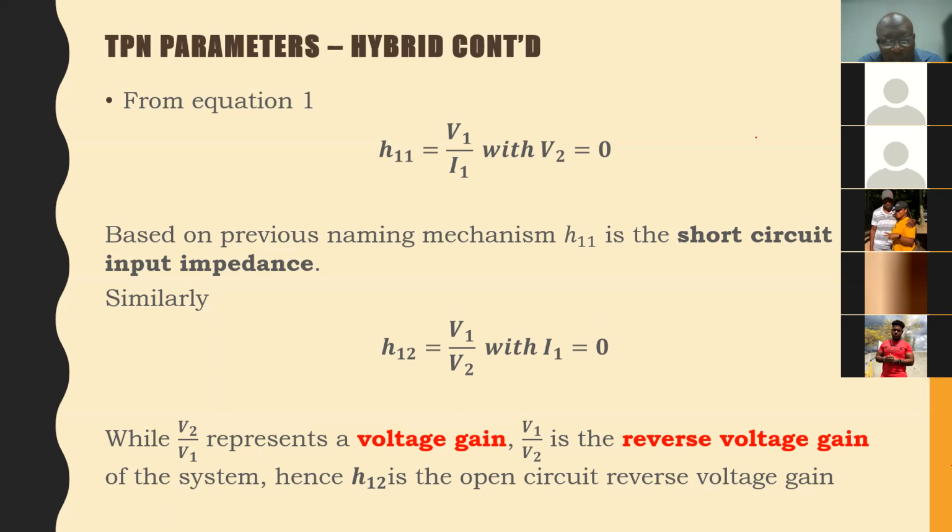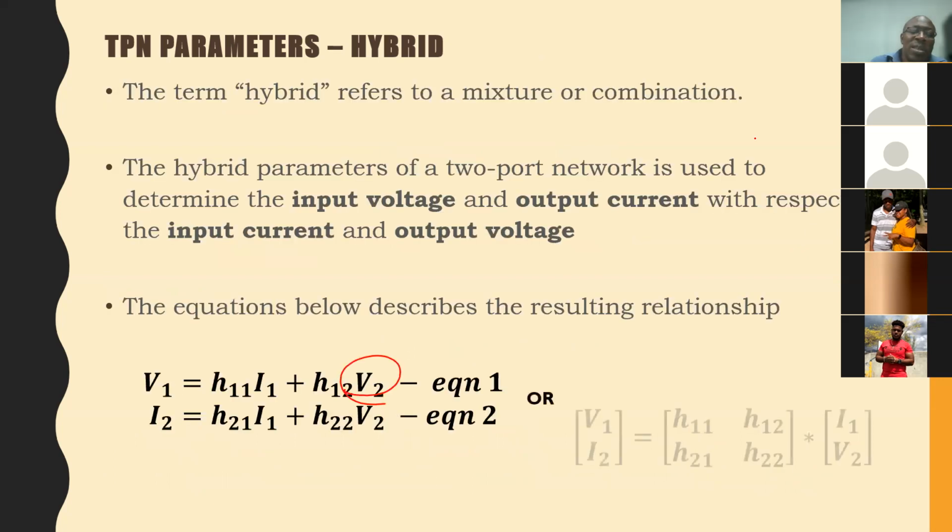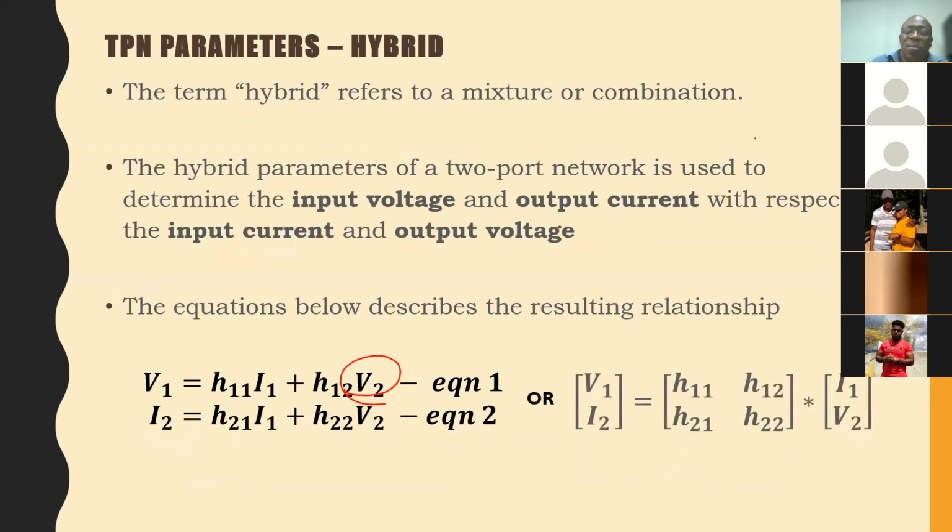Let's look back at the equations. I guess H21 would have been V2 over V1 with I2 open. Come on, look back at the equation. This is our set of equations.